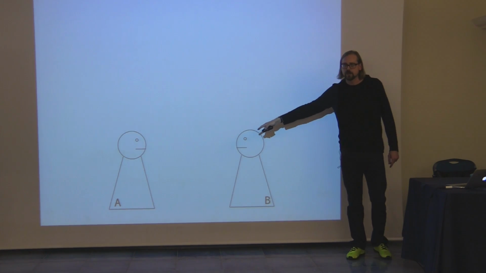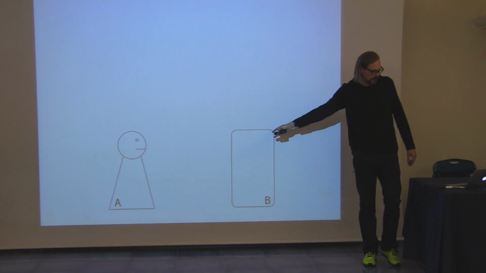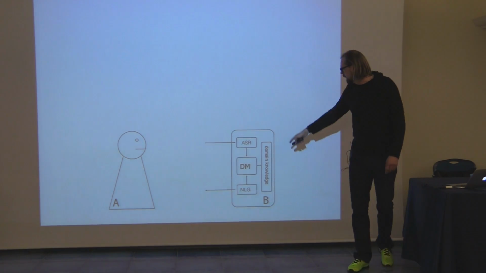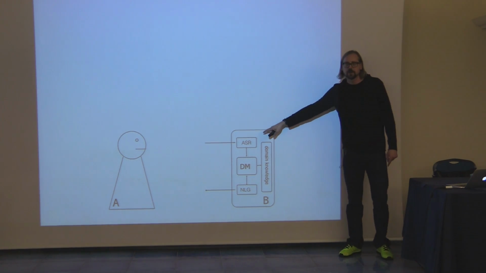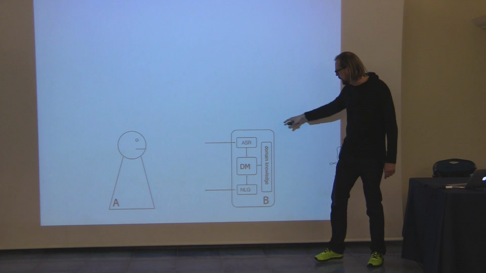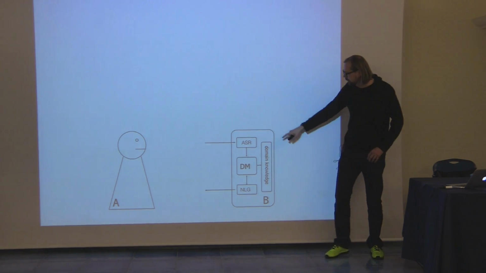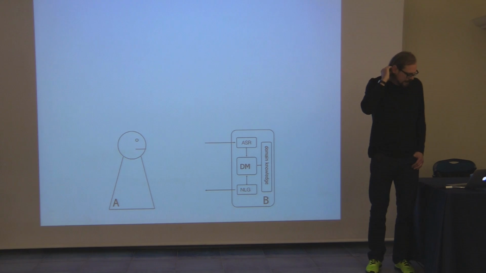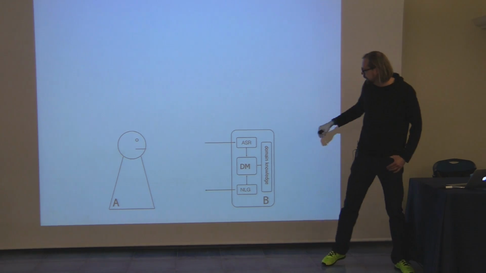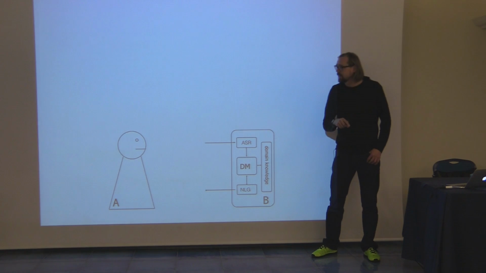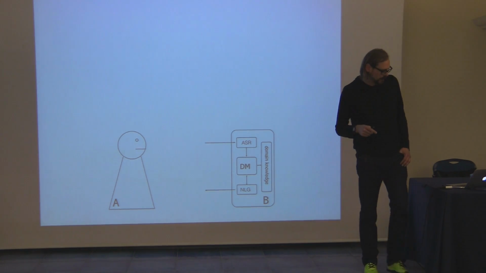So what we're going to do now is exchange one of those things with a box, and inside the box is now something more technical, where it said before perceive and act. We now have ASR, which stands for automatic speech recognition, on the perception side, and on the acting side it's NLG, which stands for natural language generation.